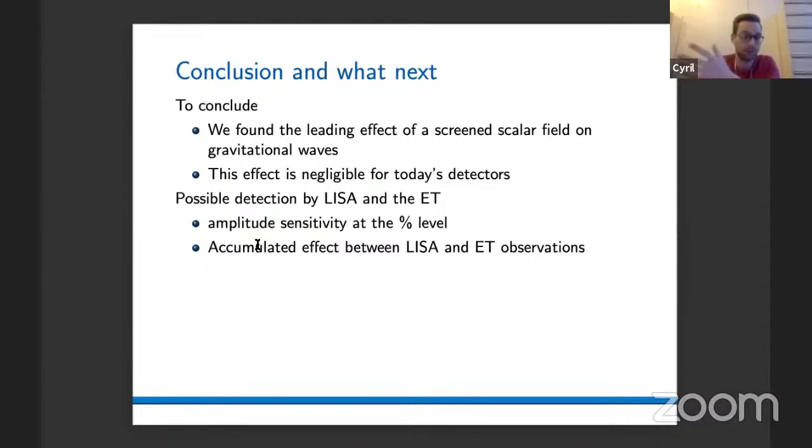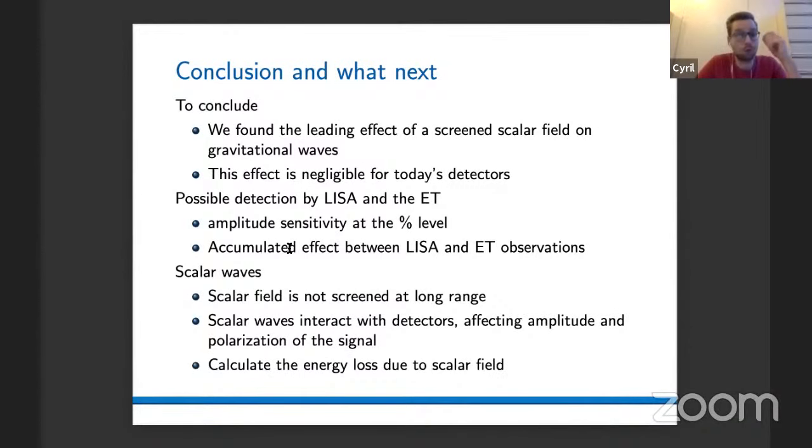If we make a prediction, typically using LISA observations, on when the merger happens, we can then test with the Einstein Telescope if the prediction was right compared to general relativity, or if there was a discrepancy. That could be caused by the fact that the source was not behaving as it used to, or because a scalar wave was emitted, and so the source was decaying faster or less fast. So that could be an idea to observe an effect of the scalar field, even if this effect is small, because it's accumulated over 10 years on the source, it might be observable.